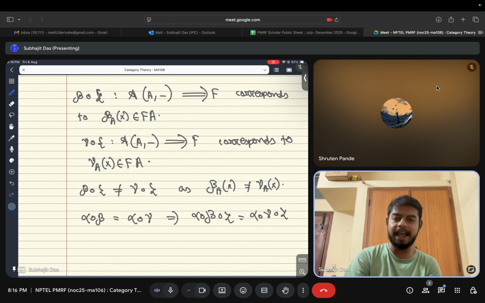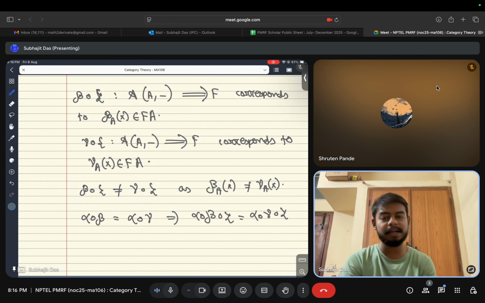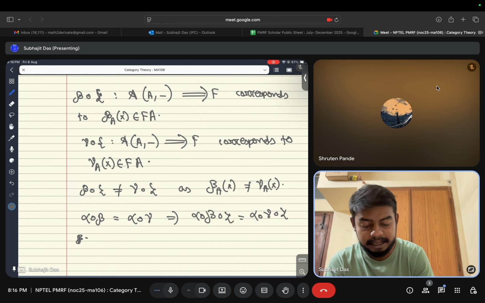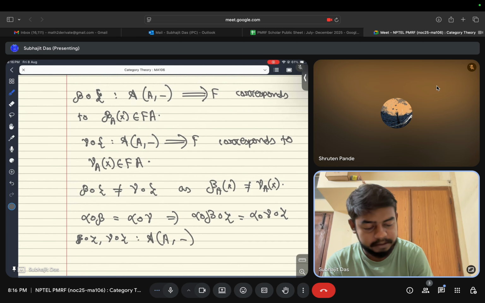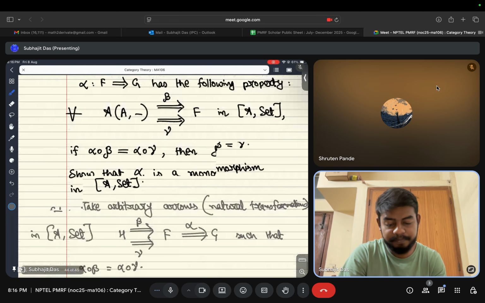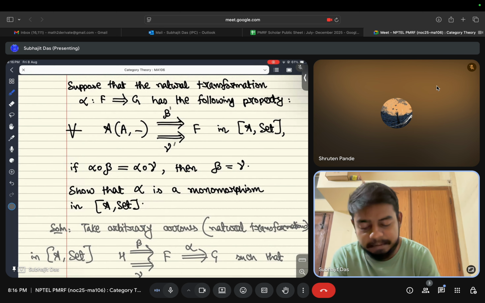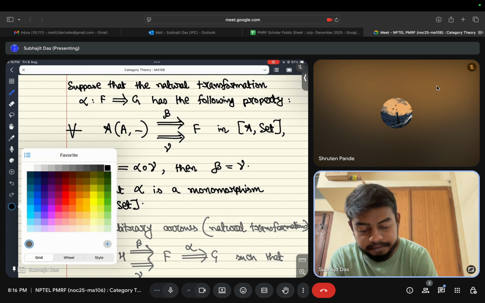So we have this, and just look at what is beta composed zeta and gamma composed zeta. Beta composed zeta and gamma composed zeta were both maps from script a comma bar to f, right? So let's call this beta prime, and let's call this gamma prime, just to avoid confusion.